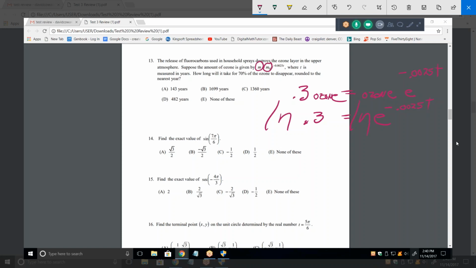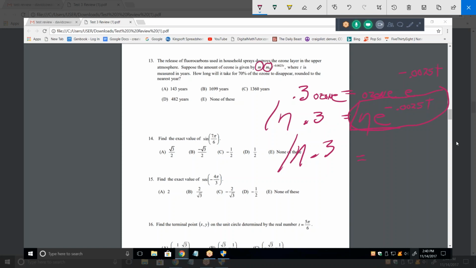So what's the next line here? It'd be ln 0.3 divided by ln of e equals... Hold on. What's ln of e? What does this expression become? Using the rules of exponents. The idea is to get that variable down on the algebra line.